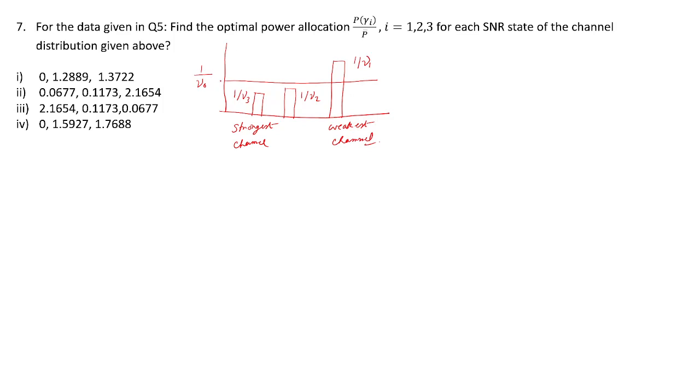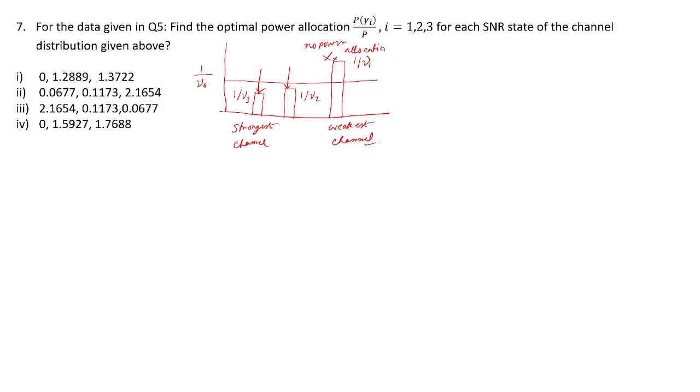We have 1 over gamma naught, and we assign power to only those channels where 1 over gamma is less than 1 over gamma naught. So power allocation happens for only these two channels, because these two heights are below 1 over gamma naught, and for those channels whose 1 over gamma is higher than this 1 over gamma naught, there is no power allocation.